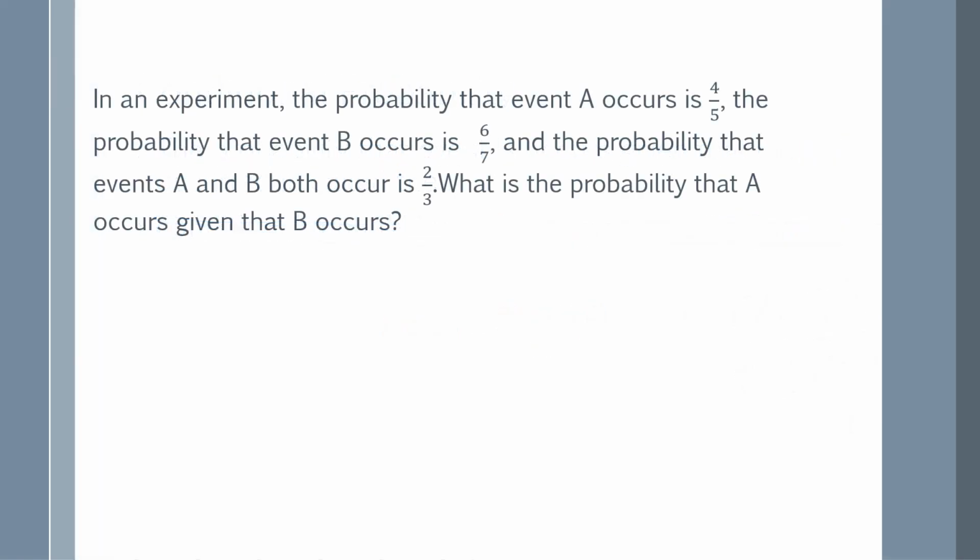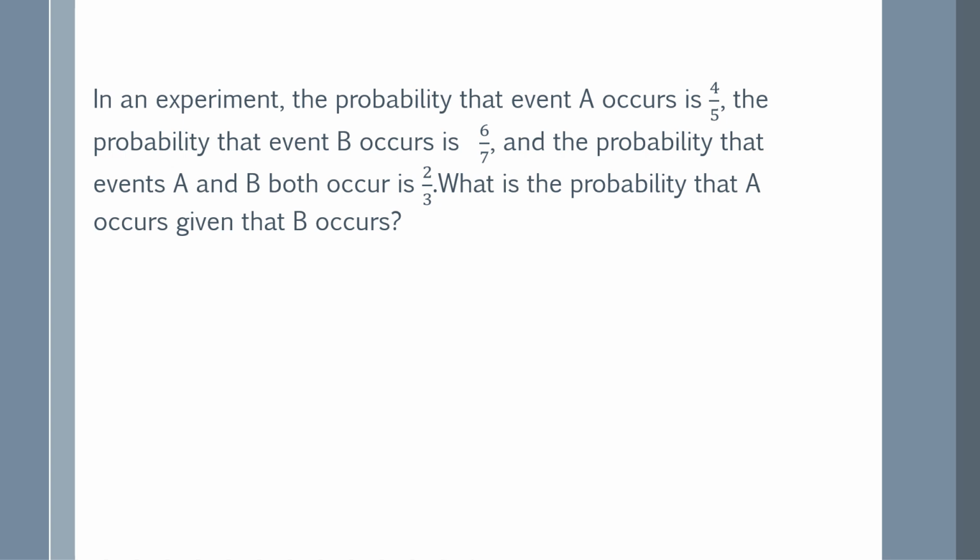All right. In the experiment, probability A occurs is 4/5. The probability of B is 6/7, and the probability that A and B occurs is 2/3. What's the probability of A given B occurs?